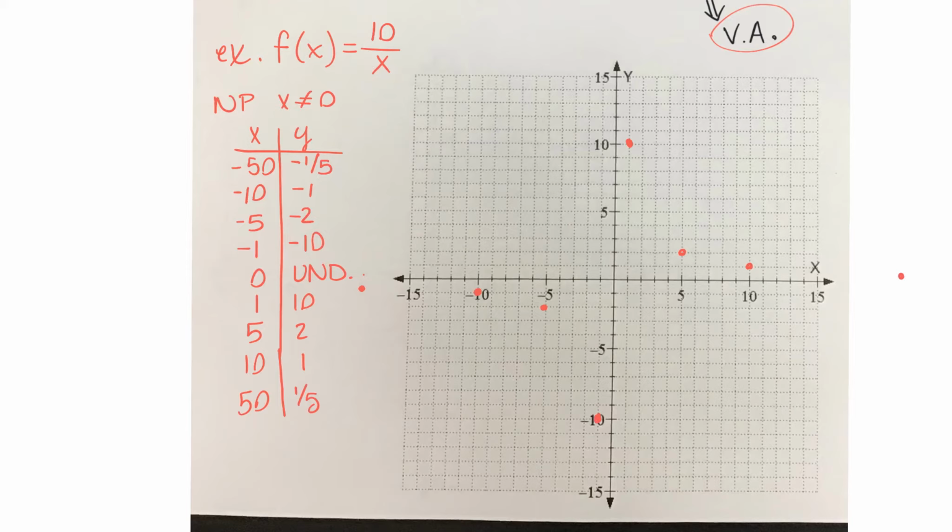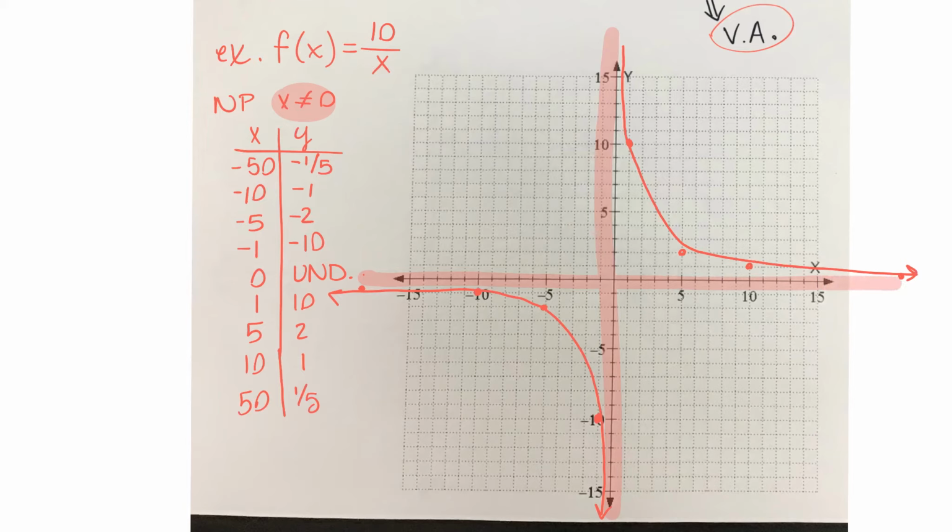So guess what's happening? A similar situation is happening. It's doing this, and we are getting two branches again. So we've seen this before. And where's our vertical asymptote? It is happening right here at 0, because that's where my non-permissible value was. And can you see that I've also got a horizontal asymptote happening here?